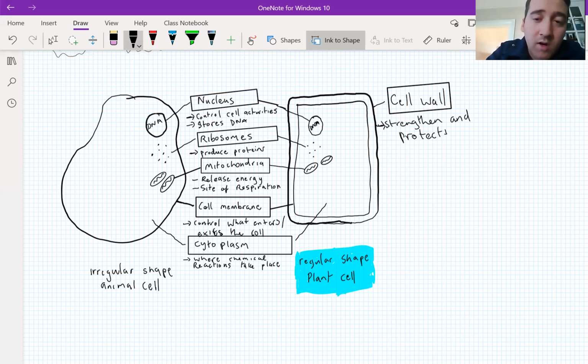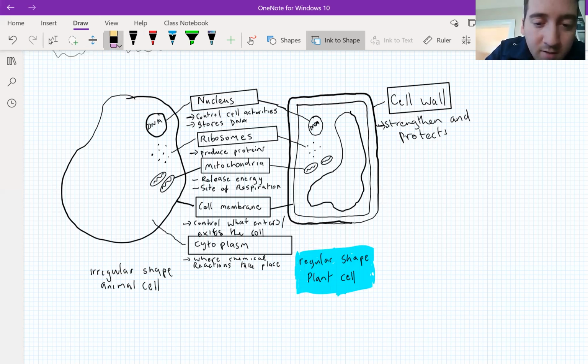The second part I'm going to draw is a large sac-like structure inside. Now, I need to change this arrow, sorry, because that's pointing just there. Okay, I'm drawing this large sac-like structure in here. And again, it's only present in the plant cell.